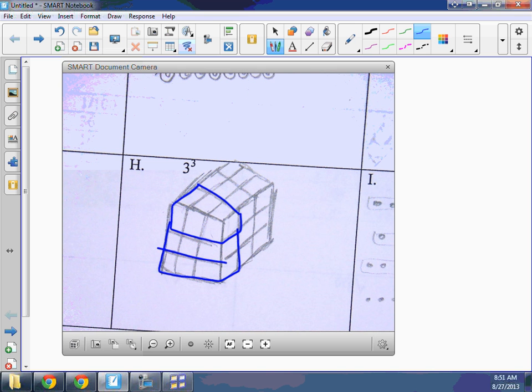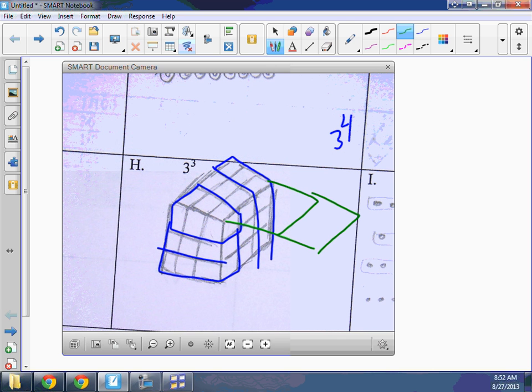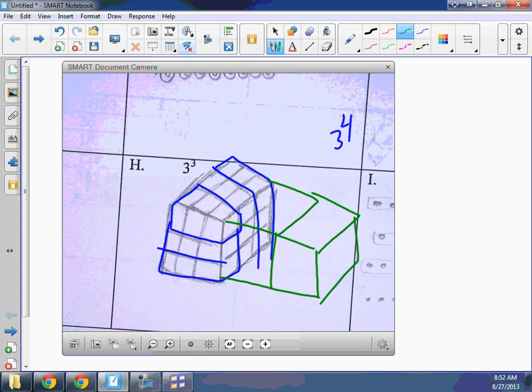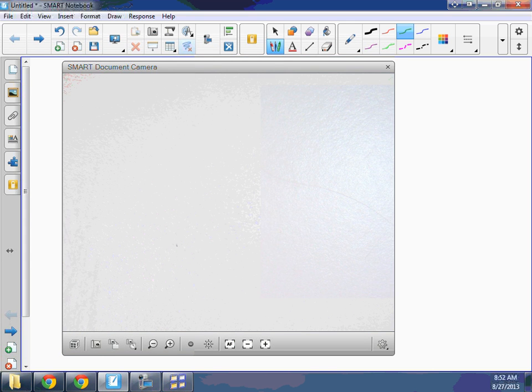So I'm going to add this whole row onto the back and this whole row onto the back. Okay? If I were to continue this picture and write 3 to the fourth, what would it look like? I would have 2 more cubes. And that would equal my 81. Okay? And that's, I mean, again, that's kind of hard to draw.